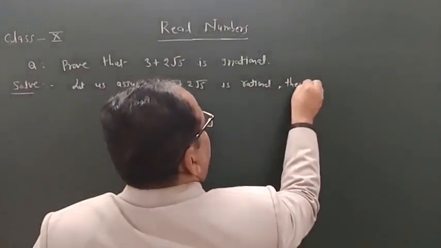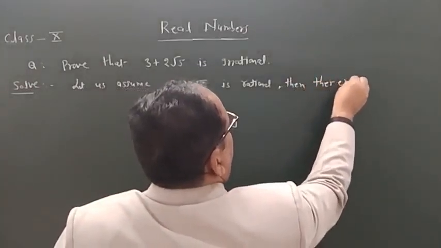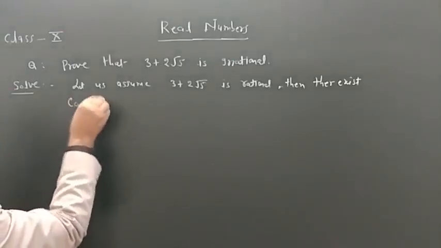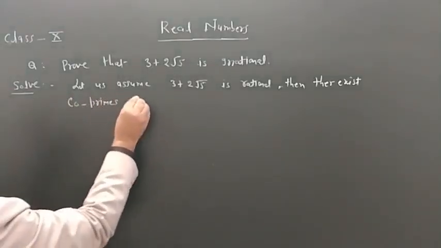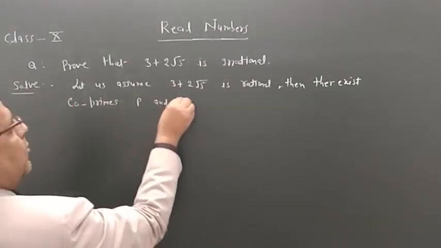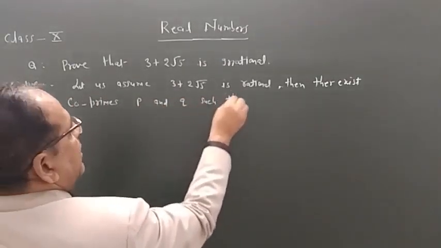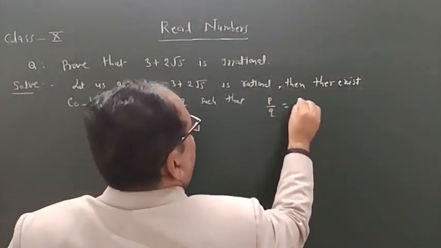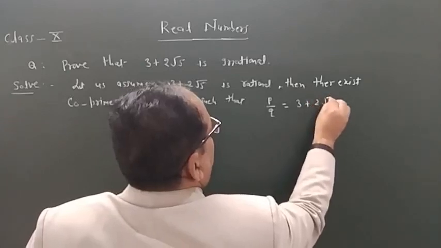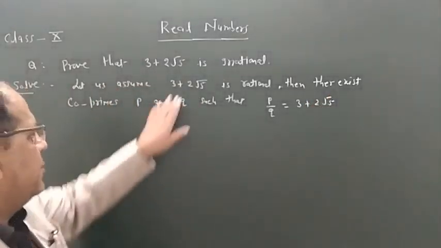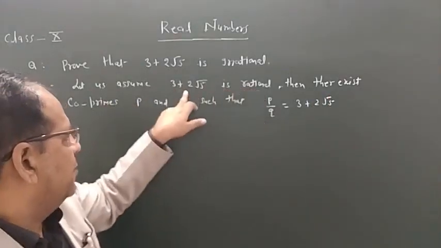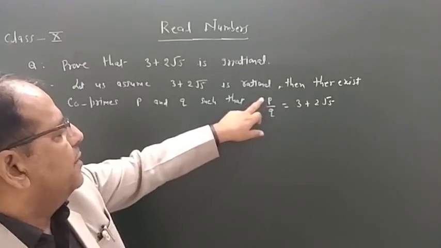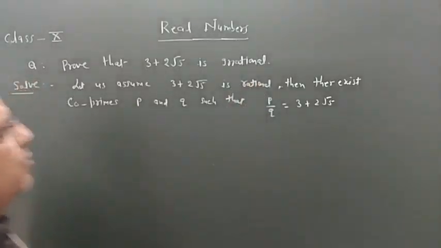Then there exist co-primes p and q such that p upon q equal to 3 plus 2 root 5. If 3 plus 2 root 5 is rational, then this can be expressed in the form of p upon q, where p and q are some integers and q is not equal to 0.